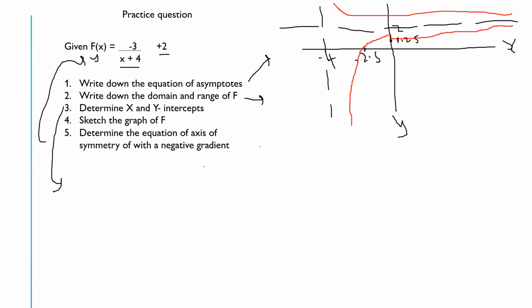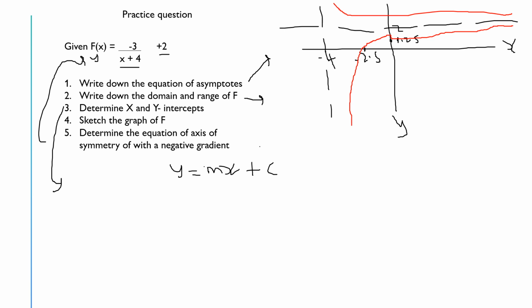We already know about the equation of symmetry. When I think about the equation, it will be y = mx + c. Now they're saying a negative gradient, so a negative gradient is giving us a hint that m must be negative, because you can get a positive or a negative gradient.